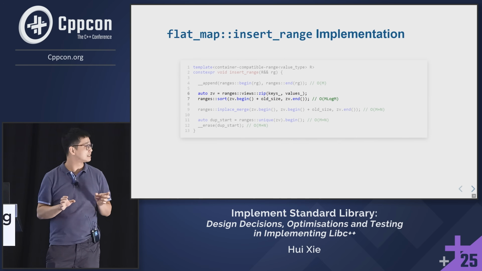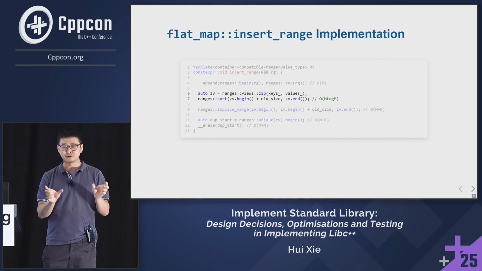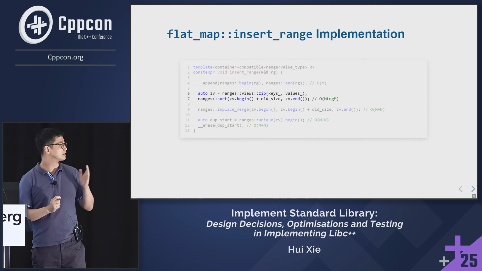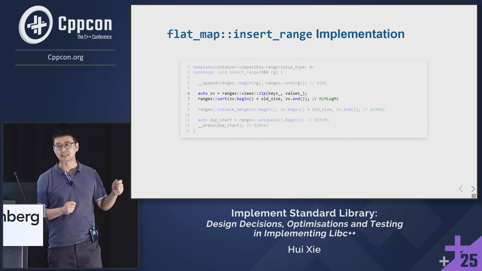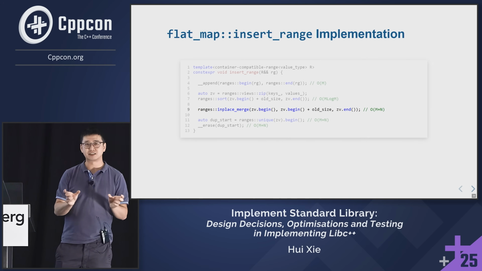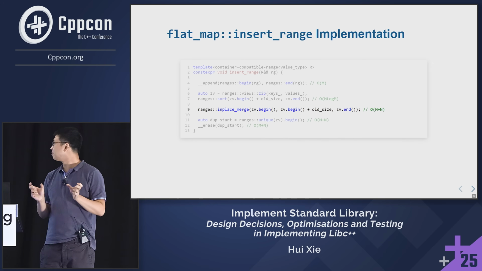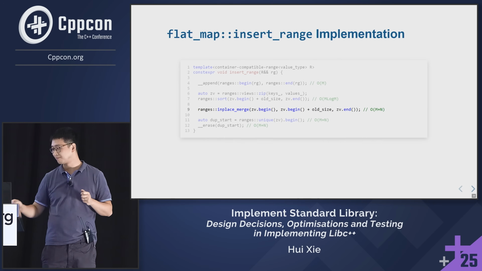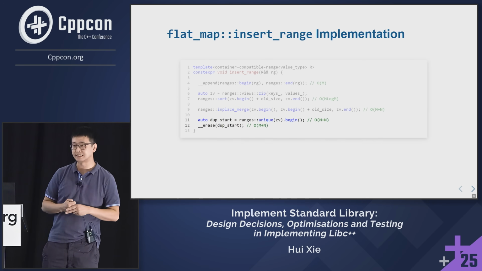So after this step, we're going to have two sorted subranges inside our vector. By the way, for the sorted_unique overload, this step can be skipped. And then we can in-place merge two sorted ranges into a single sorted vector. And then we can remove the duplicates at the end.